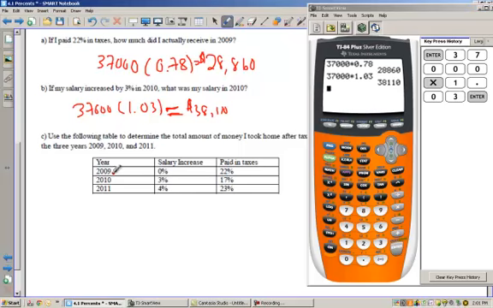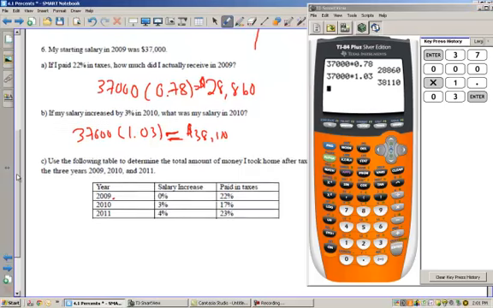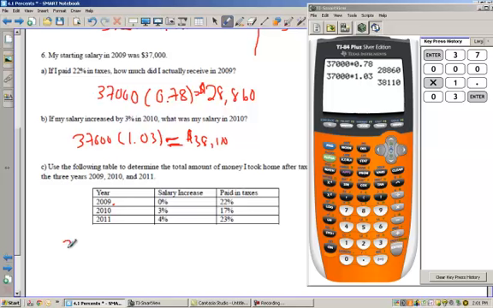So the idea is in 2009, I started with 37,000. If I paid 22% taxes that year, I actually only received 78% of that money. So I got 37,000 times 0.78 that year. Right. The next year, I have a salary of 37,000, but I get a raise of 3%.